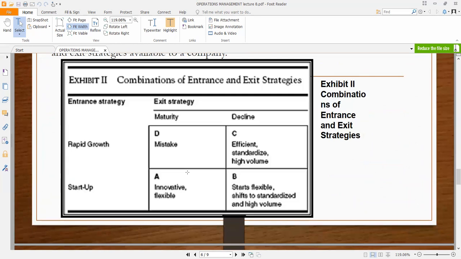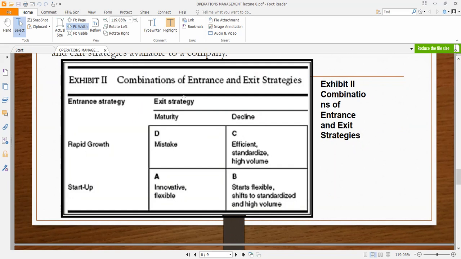Now, let's look at this. We're talking about entrance strategy. For entrance strategy, we've got rapid growth and startup. Down there on exit strategy, we've got maturity and decline. On maturity, we're talking about D, where you make mistakes. On rapid growth, you find that you actually make a lot of mistakes.